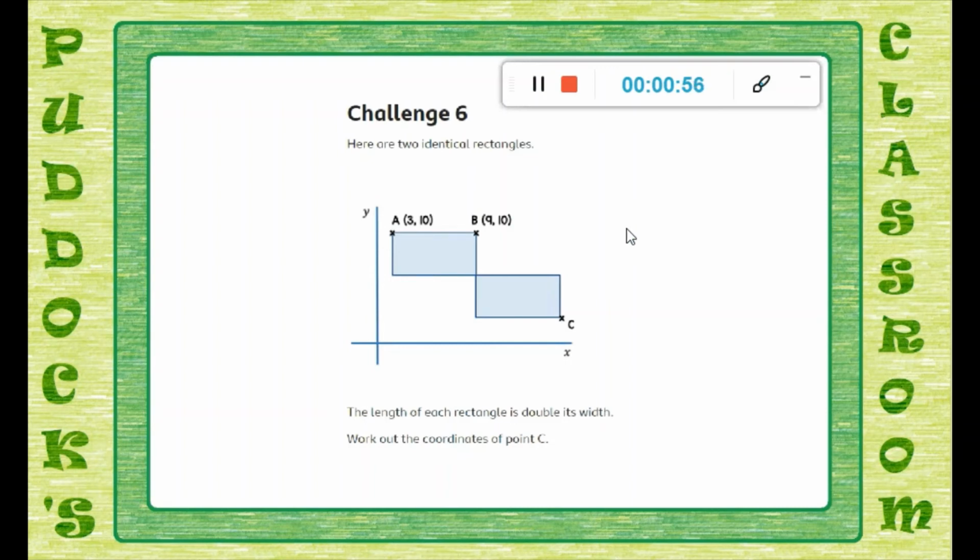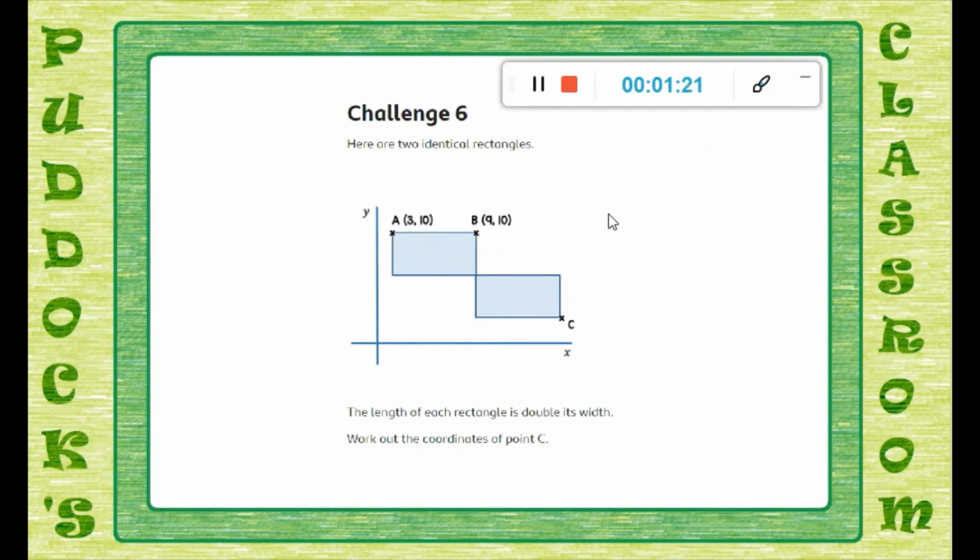What else do we know? We know that A is 3 along the x-axis and B is 9 along the x-axis. So how we can work out how long this line is, how long it is from A to B, because it goes from 3 to 9.